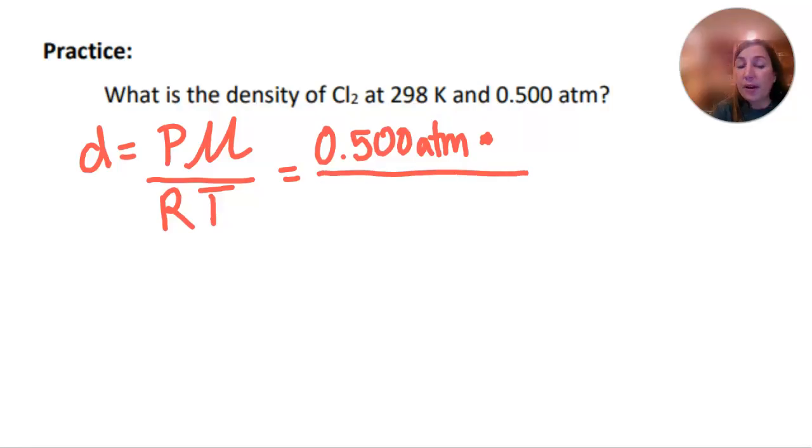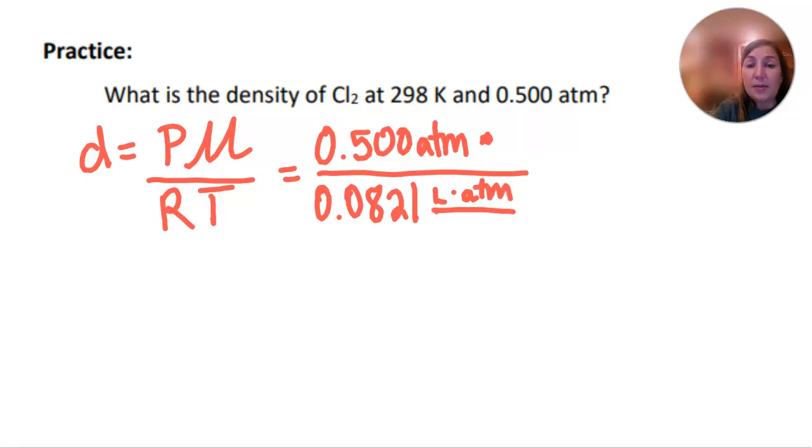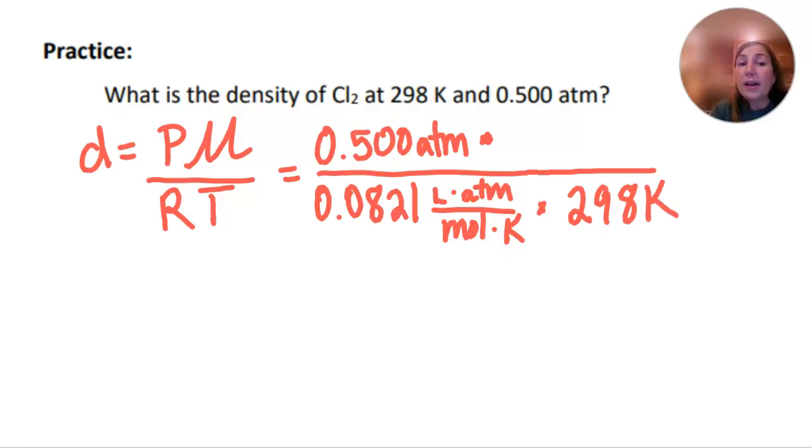We'll have to go to our periodic table and get that. We know R, the gas law constant, is 0.0821 liter atmosphere over mole times Kelvin. And we know that temperature is 298 Kelvin in this problem. Okay, let's go get the molar mass.